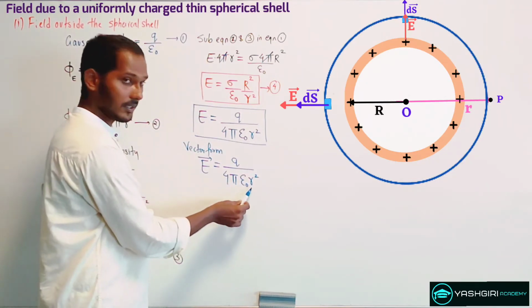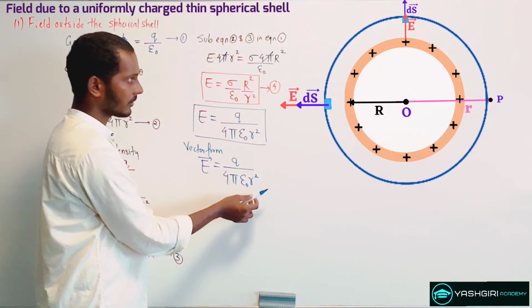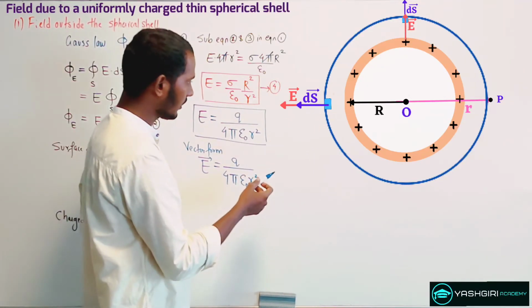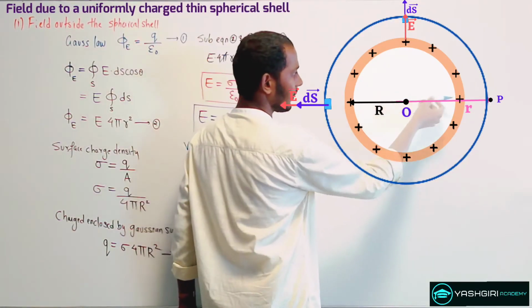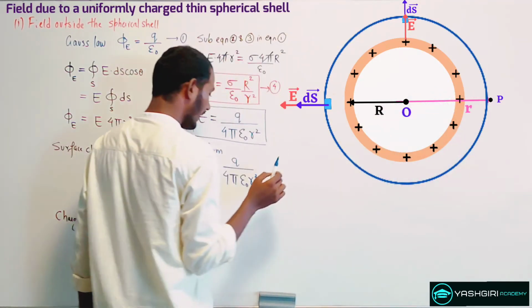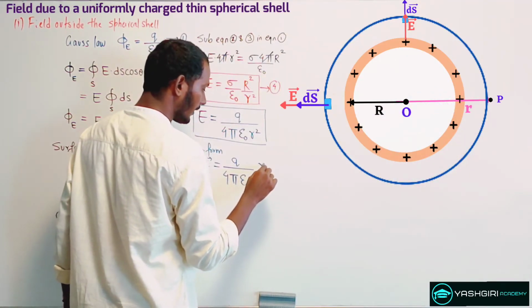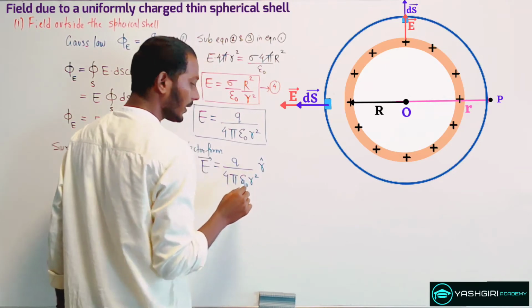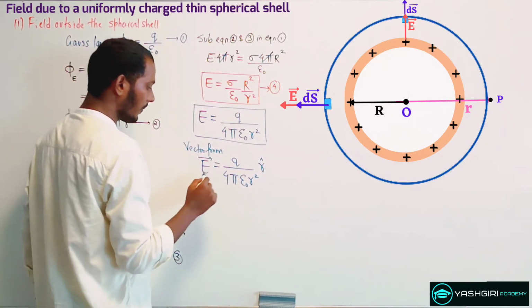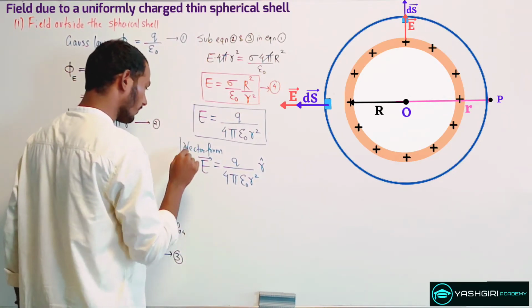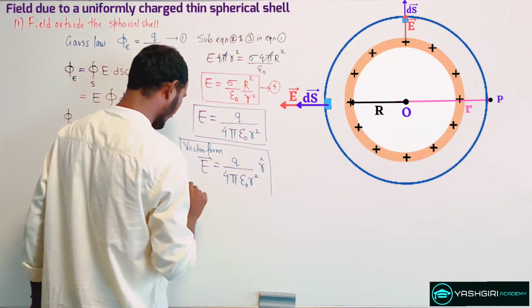Here r is the radius of the Gaussian surface, which is pointing outward. So I can write a unit vector of that radius, r cap. This is the vector form of your electric field.